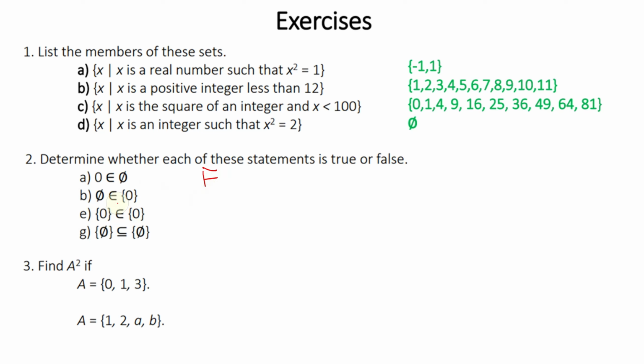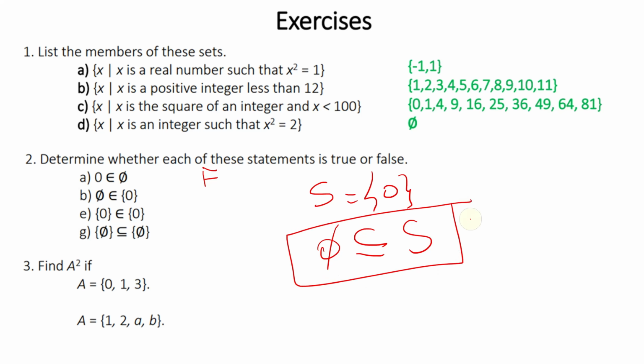Okay, is the empty set an element of the set that has 0? So let's say S is a set that has 0. Is the empty set part of S? You remember the theorem that we've seen: yes. That means this is actually true. Is 0 part of the set with 0?